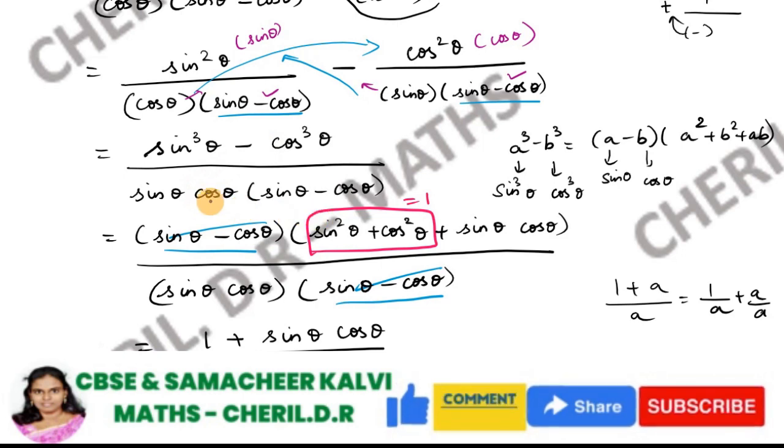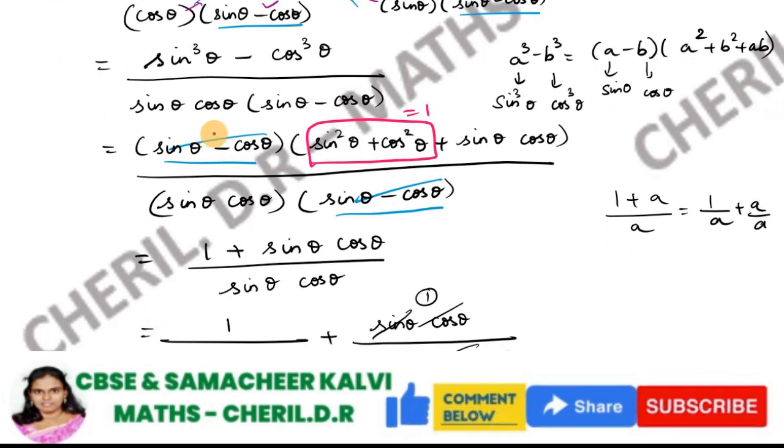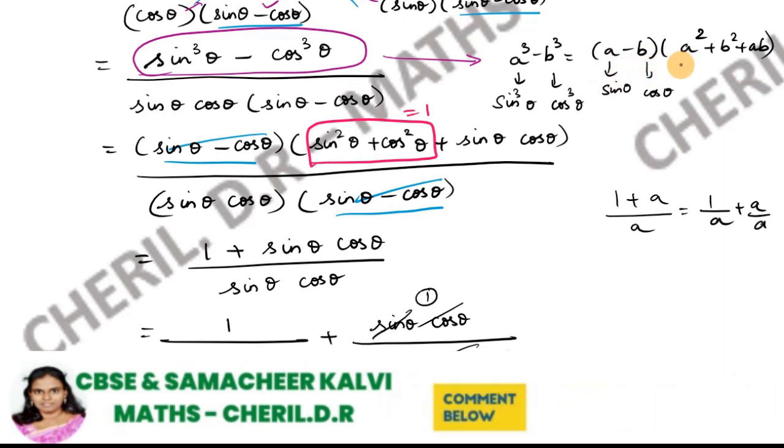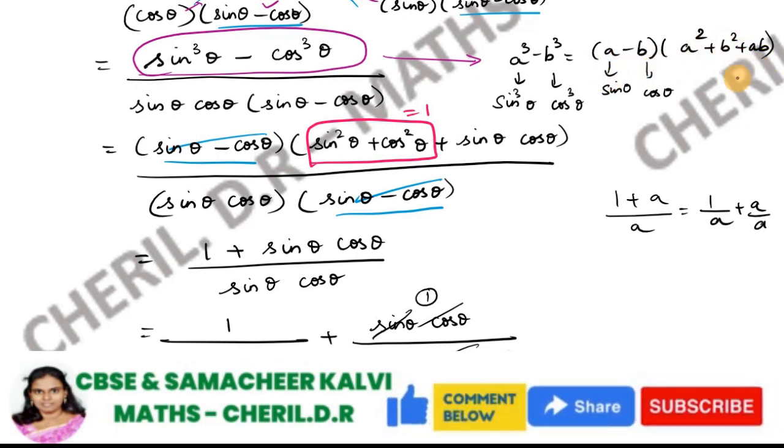Okay. So now we are going to write it as sin theta cos theta into sin theta minus cos theta. So when you are going to convert, next you are going to apply a formula for a cube minus b cube. Okay. So what is a cube minus b cube? A minus b into a square plus b square plus ab. So once you substitute, you are able to cancel these two. You're ending up with this formula.